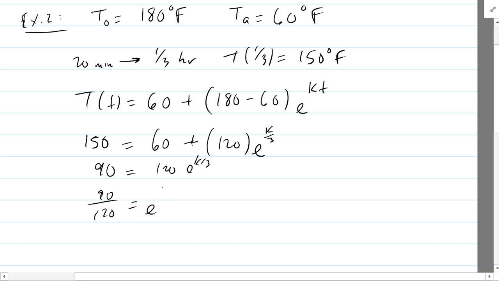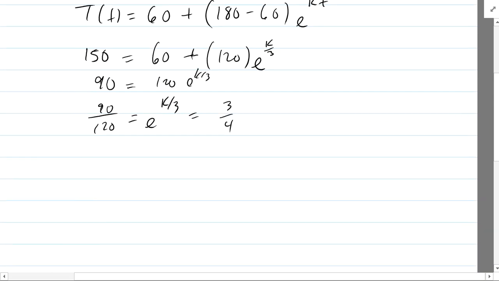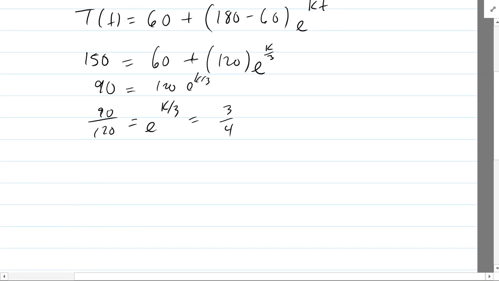I can't write today. Okay, 90 over 120 is 3/4, right? I need to undo an e, so I'm going to do a natural log. Natural log of each side.